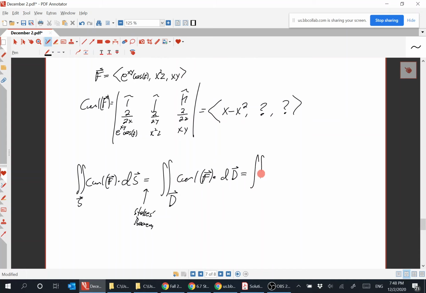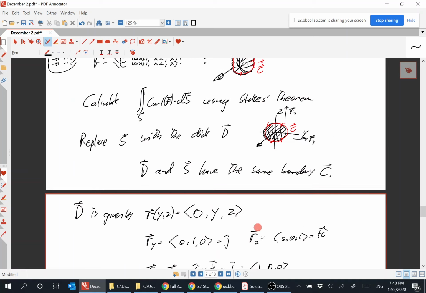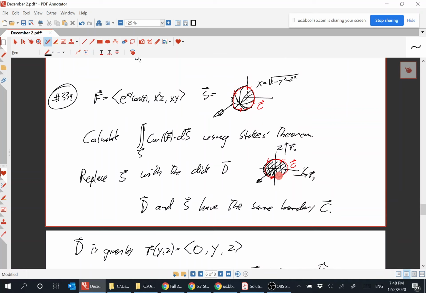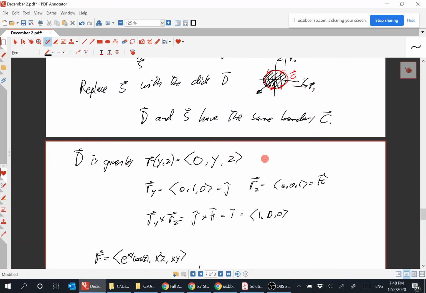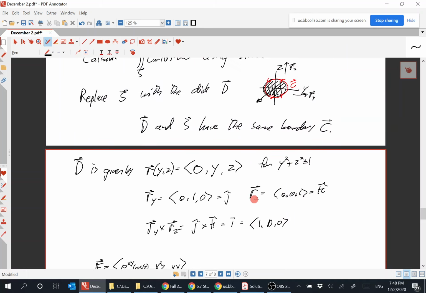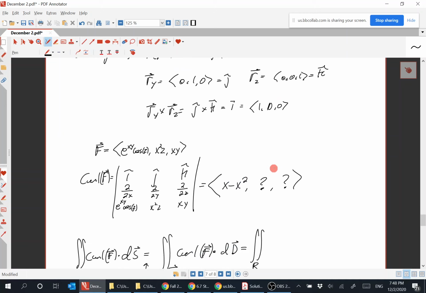This is the double integral over R, where R is the domain for the disk. I guess we never wrote that down. For y and z, for y squared plus z squared less than or equal to 1. So on that disk of radius 1.